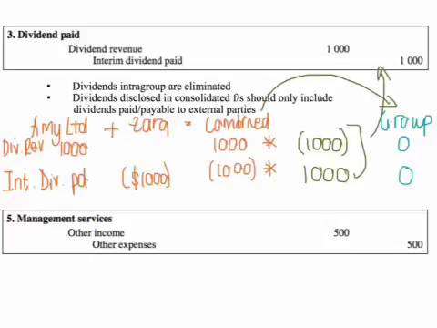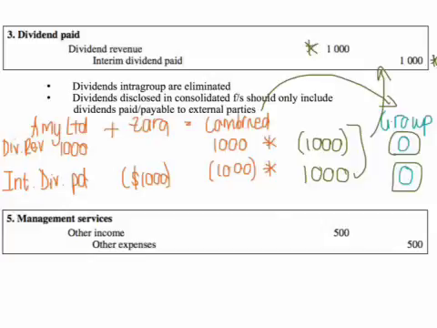So we reverse the dividend that was paid against the dividend revenue recognized in the parent company, so that in the end our dividend revenue is going to be zero, and our interim dividend paid zero as well.